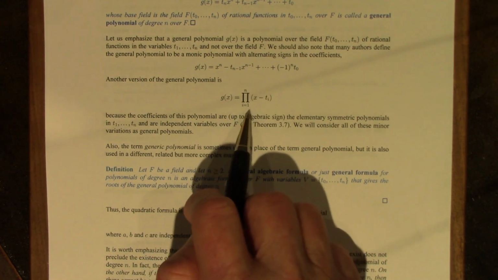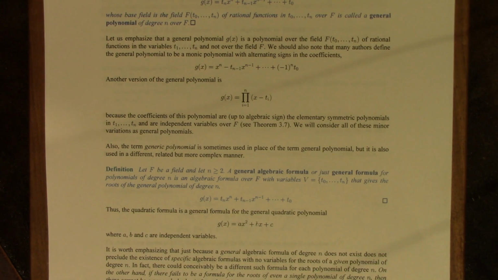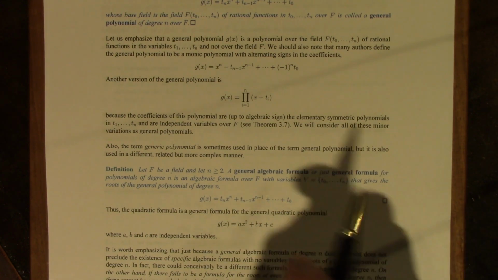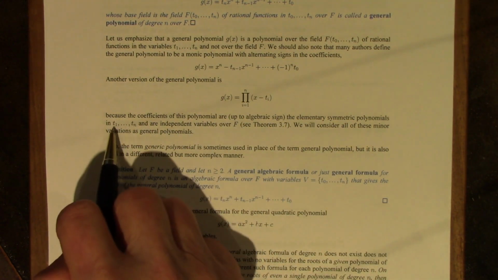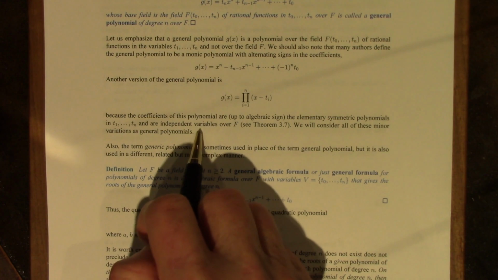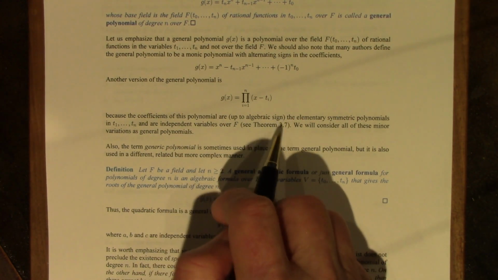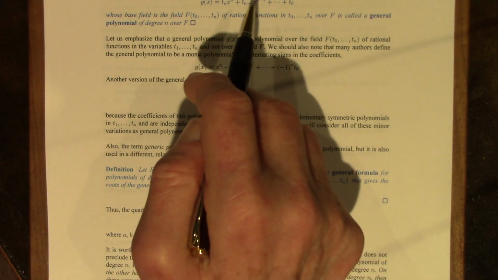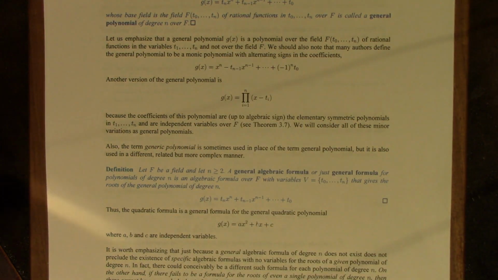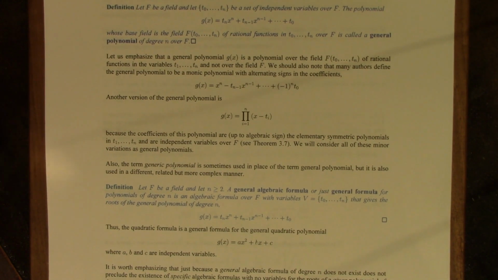In fact, this is the definition I gave earlier for general polynomials. So it looks like I'm giving two different definitions, but in fact, the elementary symmetric polynomials in these variables are also independent variables, and we proved that in Theorem 3.7 in the last lecture. So these minor differences in what might be considered three definitions really don't amount to much. They're equivalent.